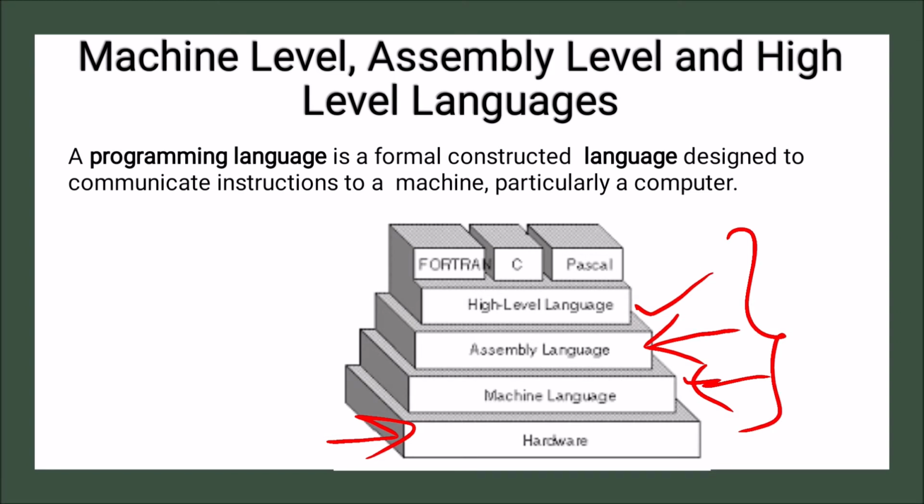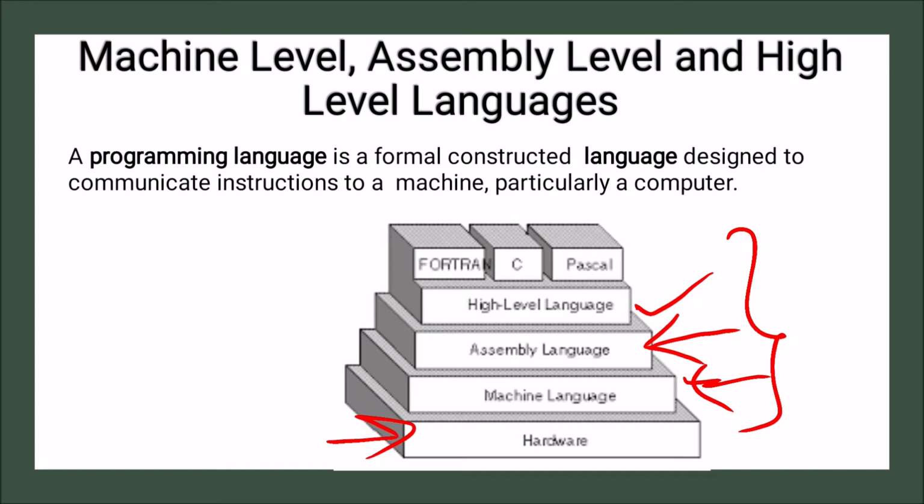So basically, what is a programming language? A programming language is a formal constructed language designed to communicate instructions to a machine, particularly a computer. So it is nothing but a formal construction of language which is particularly designed for communication purpose. And communication to what? Communication for the computer.